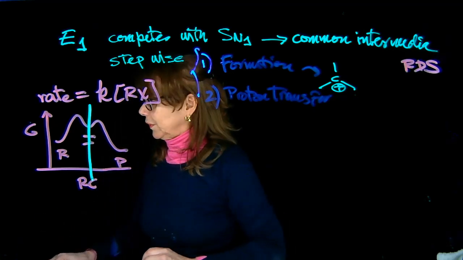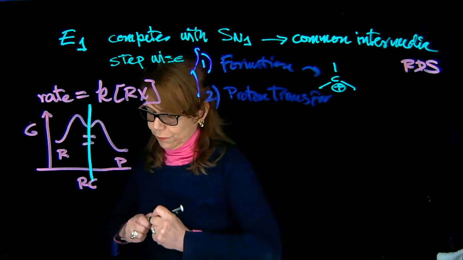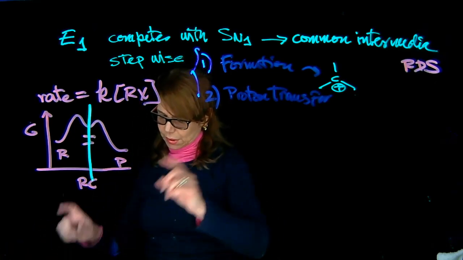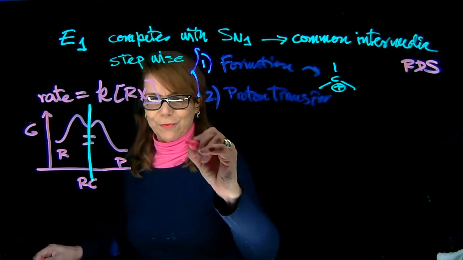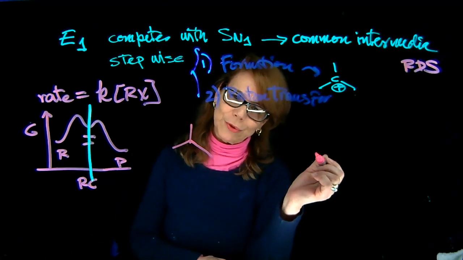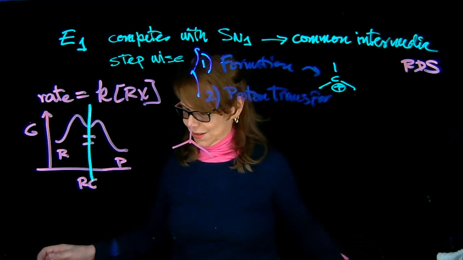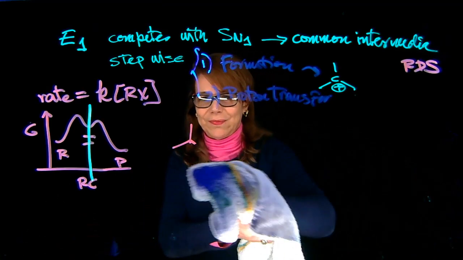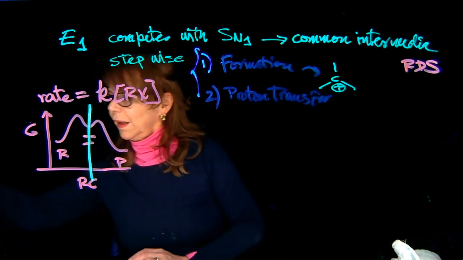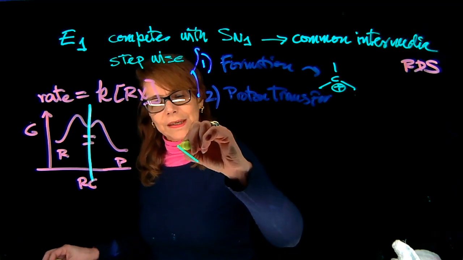Now I'm going to be using the same example that I used before. Okay, I'm going to change my marker here. All right, so say that I have the same substrate.